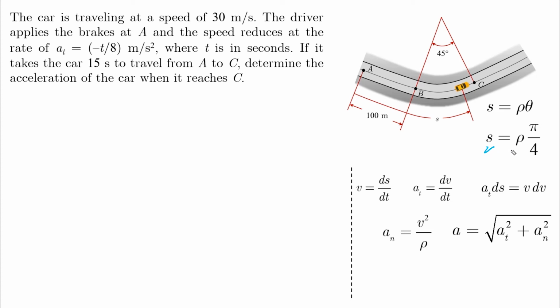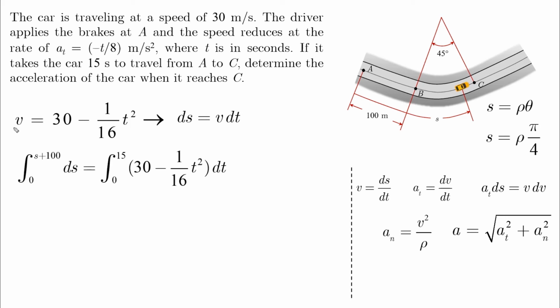And since we have v as a function of time, and v is ds over dt, we can integrate both sides, and you will find out that the only unknown here is s after 15 seconds. So the total distance from A to C is s plus 100. We started from origin, s naught equal to 0 when the time equals 0.